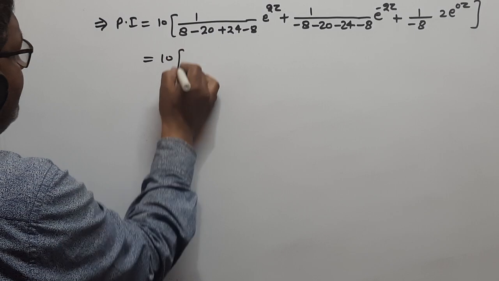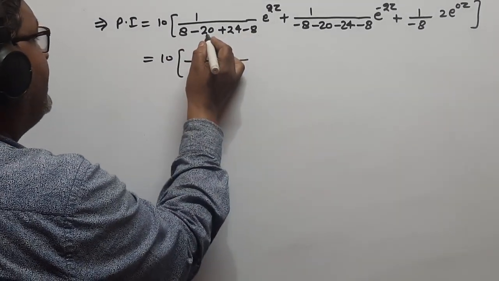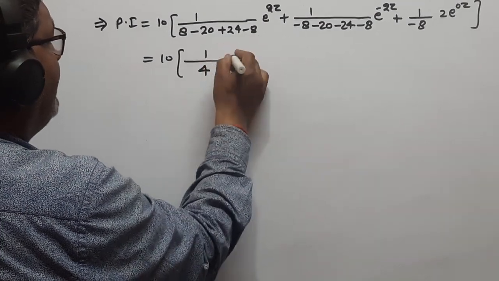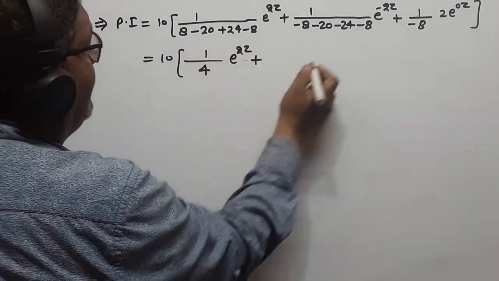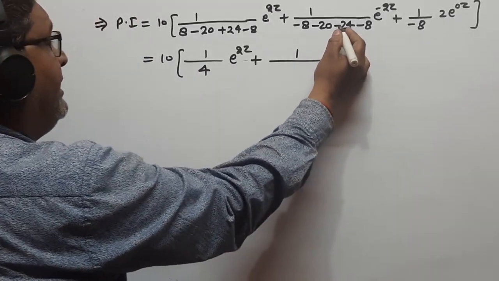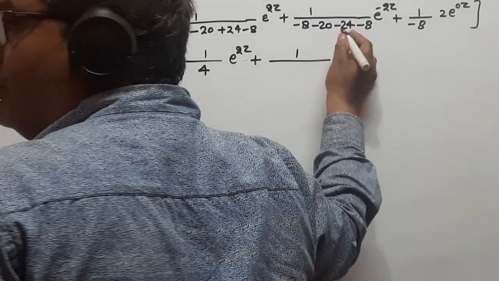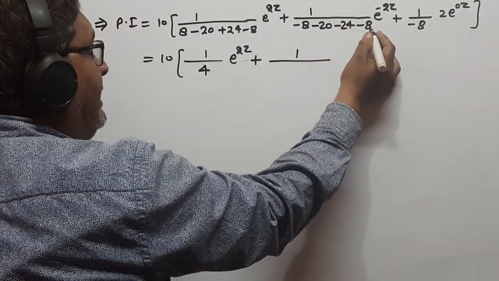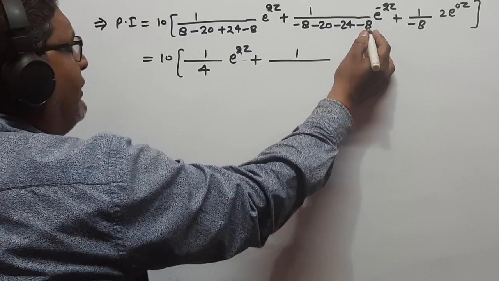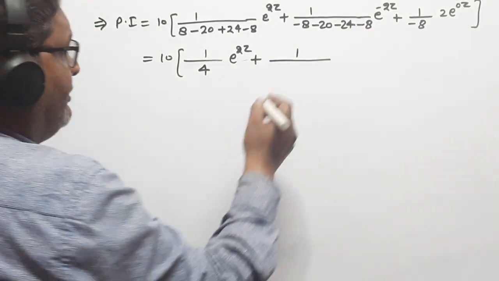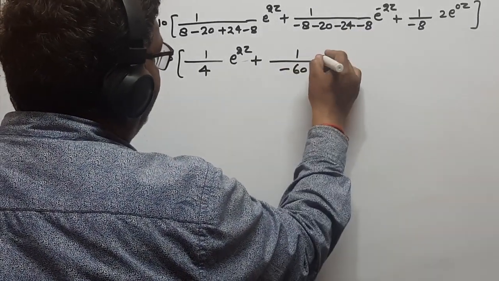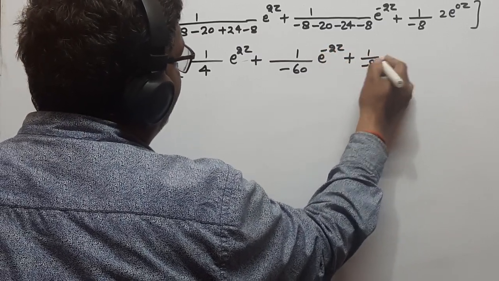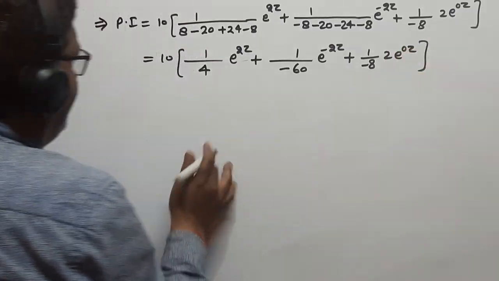So this can be written as, this is 24 minus 20, this is 4, and this 8 is cancelled out, so here is 1 by 4 e to the power 2z. Here 20 and 24, this is 44, and 8 and 8, this is 16, 44 and 16, this is minus 60, and e to the power minus 2z, and here we write minus 8 times e to the power 0z.